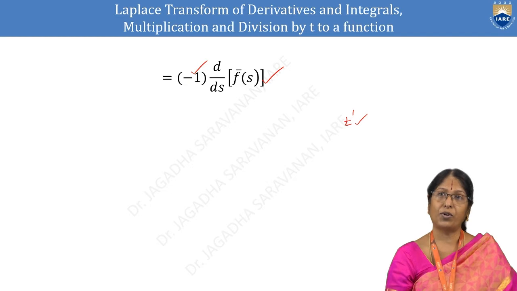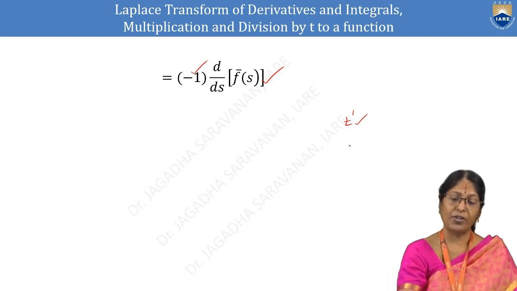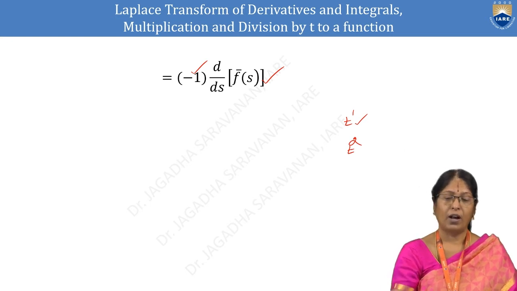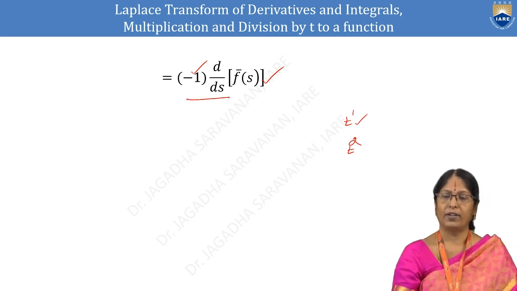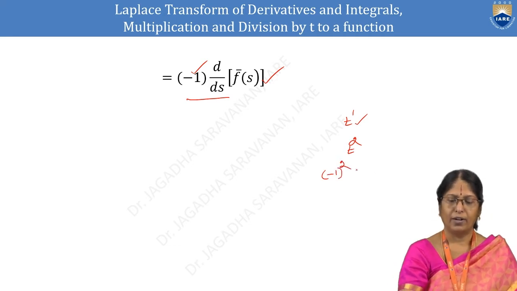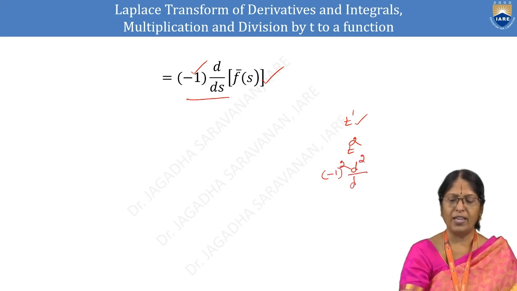In case instead of t power 1 the question is given as t square, how can we write it? Minus 1 the whole square d square by ds square of f bar of s.